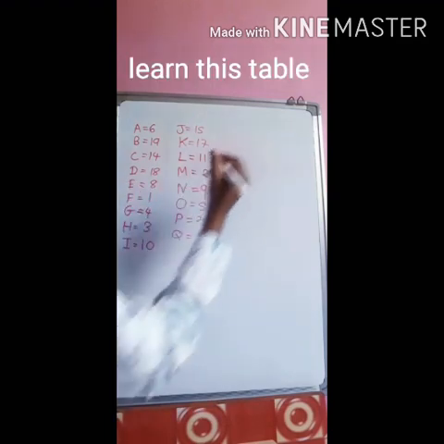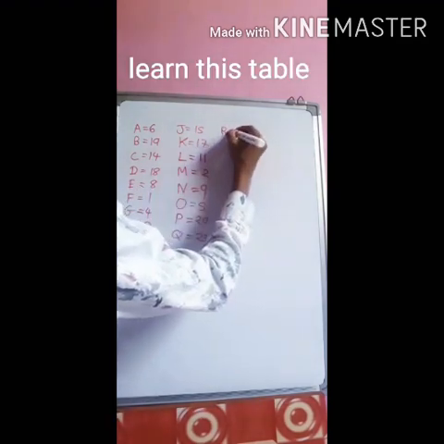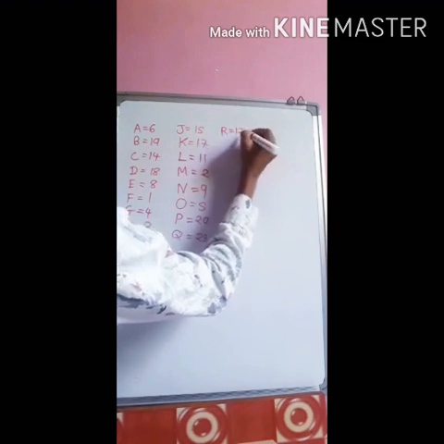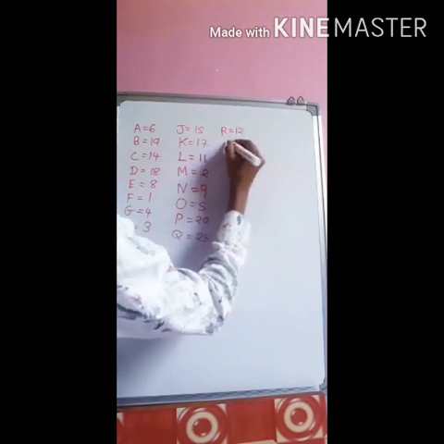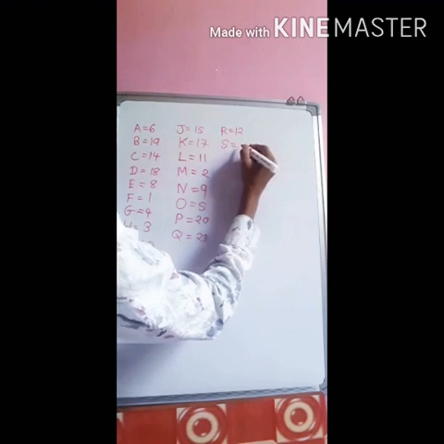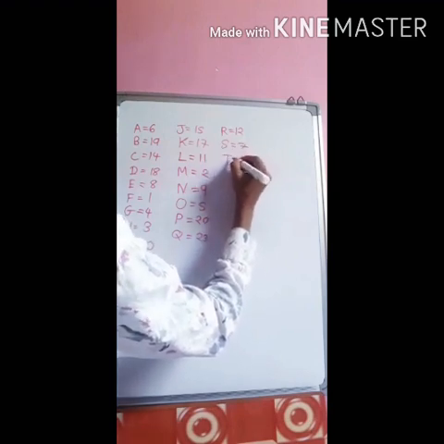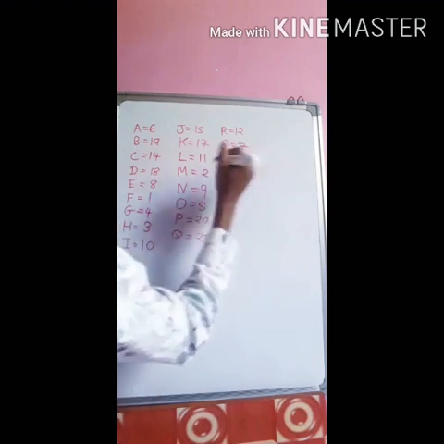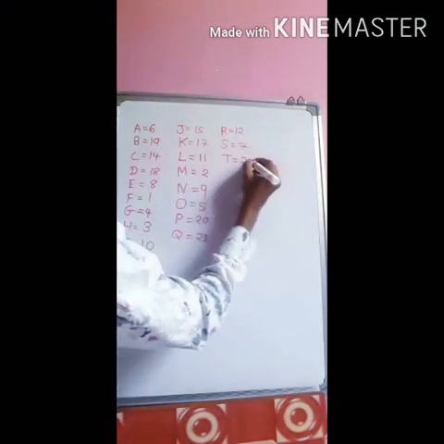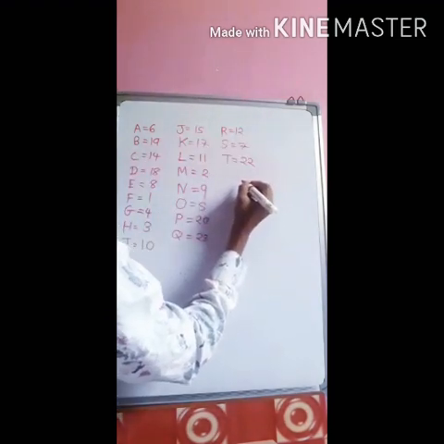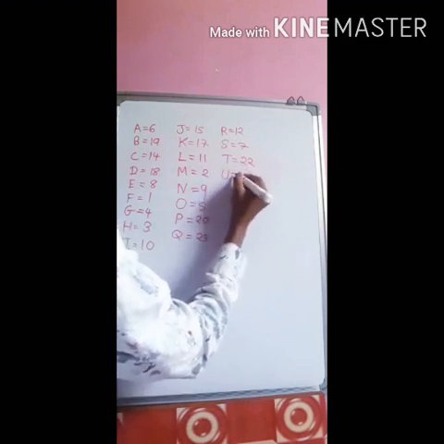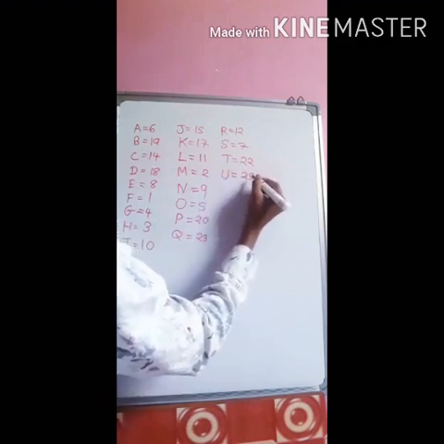After Q, R. Now friends, R is equal to 12, S is equal to 7, T is equal to 22. After that, U is equal to 25.